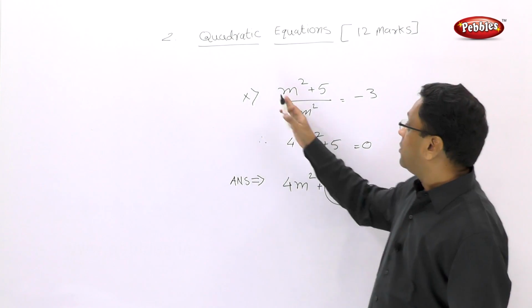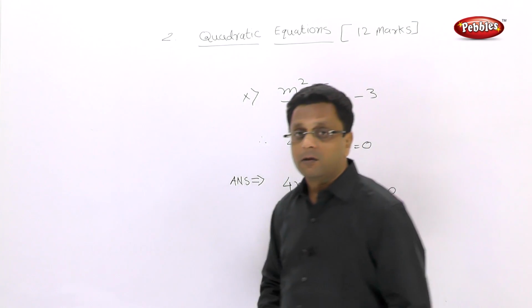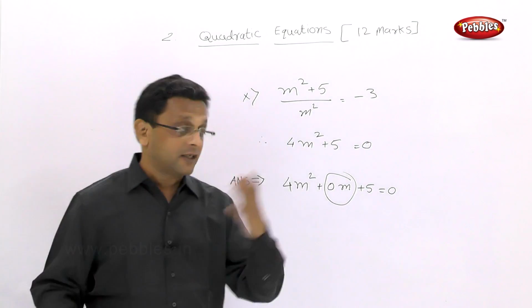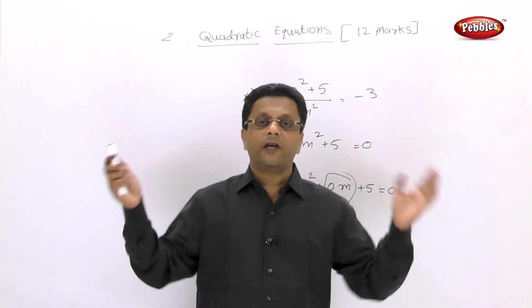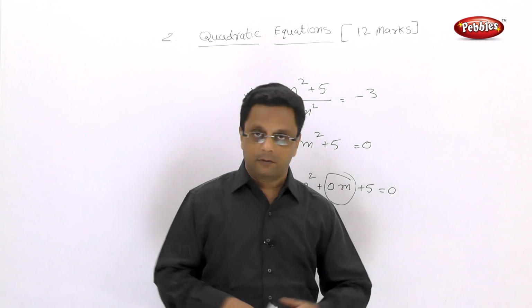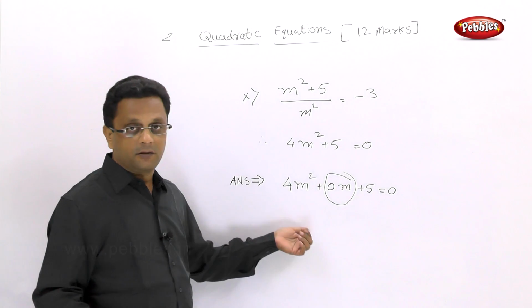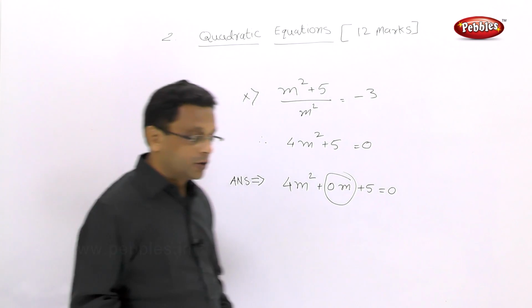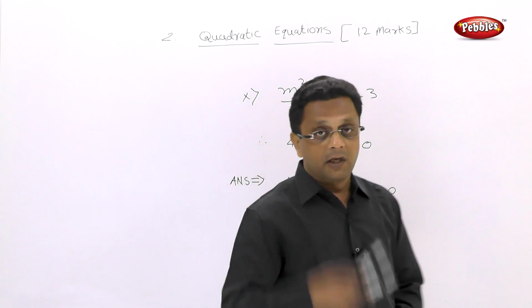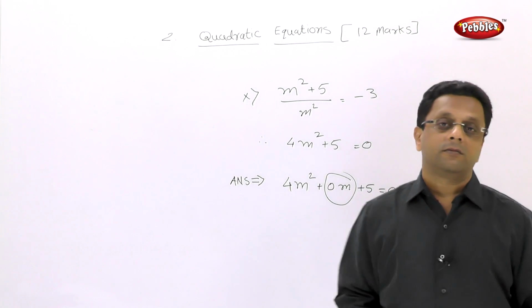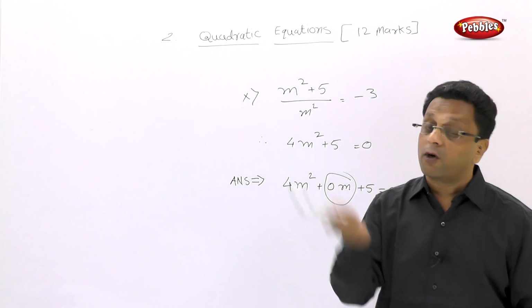So just by looking at the example, you will be very happy. If this example comes in exam, you will be very happy. Oh, 1 mark in pocket, as I was telling you. But your half mark is cut because you have not written the answer in proper form, in the form in which it was asked.